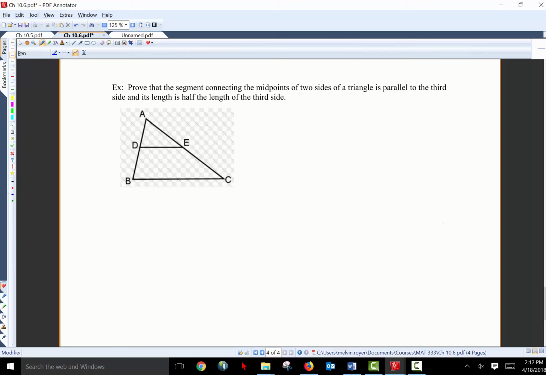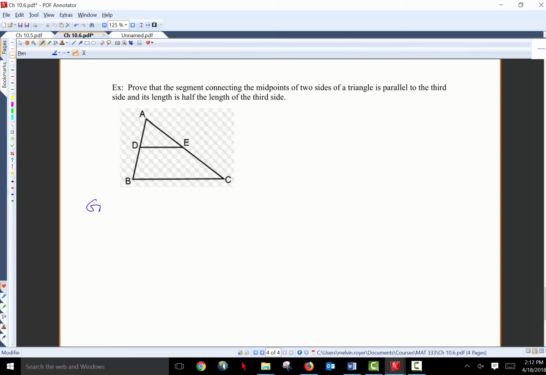I think maybe you did this exact problem for homework, if not something very similar to this. I start with triangle ABC, and I find the midpoints of two of the sides and call them D and E and join those with a segment. And we're trying to prove then that DE is parallel to BC and that it's 1/2 the length.